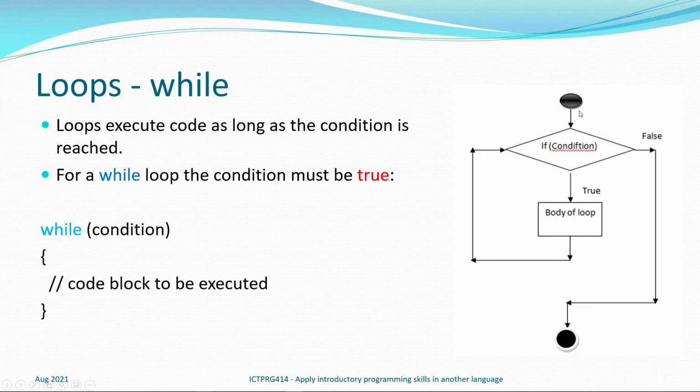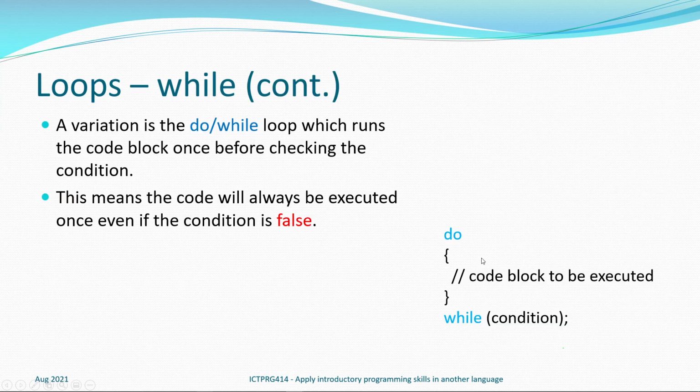So if you come down into here, we evaluate the condition, and if the condition is true, we come into the block to be executed, and then come back and reevaluate, see if the condition is still true, and continue that loop while that condition is true. Once it becomes false, we break out to the next statement or the next method, whichever terminology you want to run across.